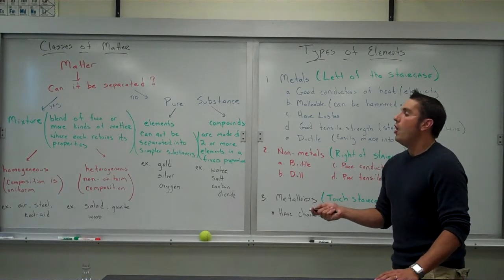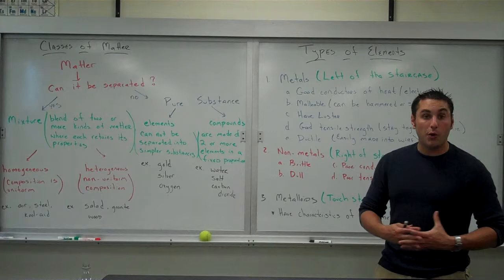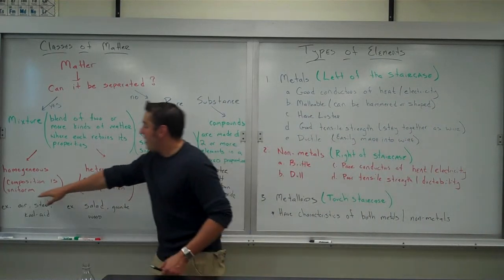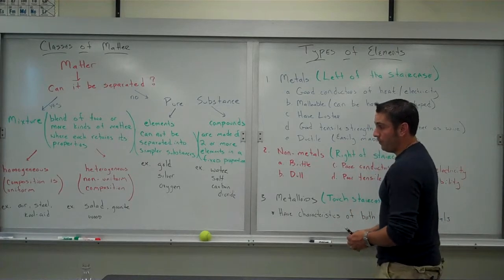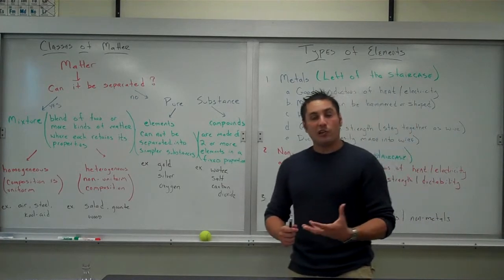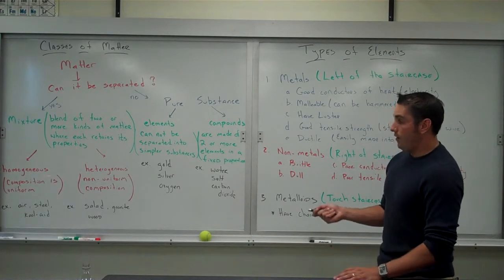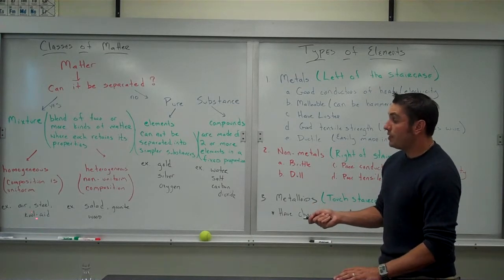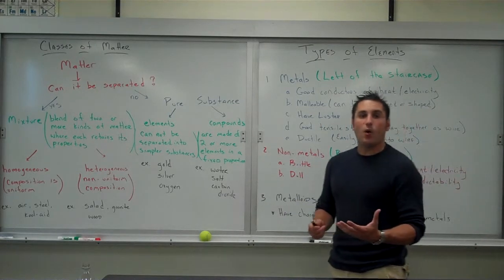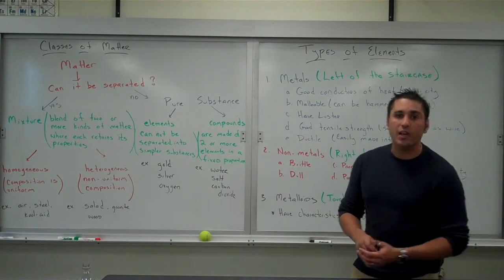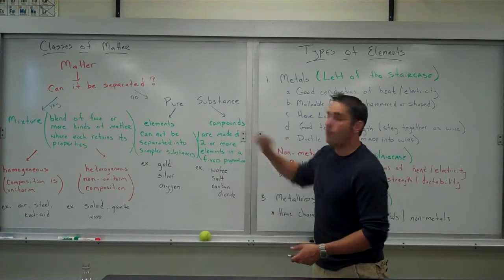Homogeneous mixtures are mixtures that look like they're only one thing even though they are not. They say they have uniform composition or that the composition is uniform. Sometimes it's easier to learn these things by examples. Some good examples of a homogeneous mixture would be something like Kool-Aid. Everyone could tell me that Kool-Aid isn't one thing, right? The Kool-Aid, the stuff we drink, has a couple things in it. It has water, which is a compound.